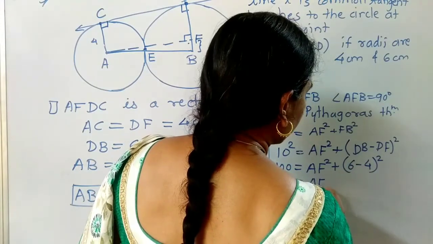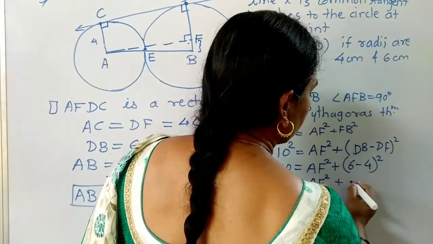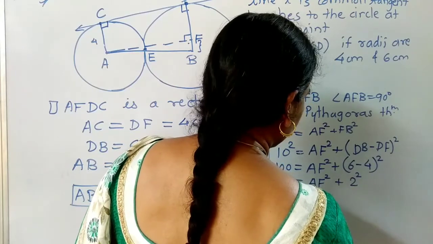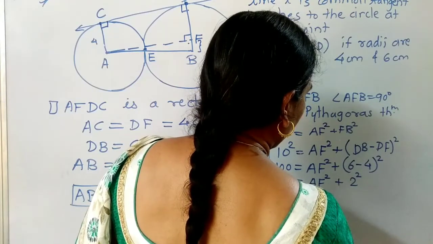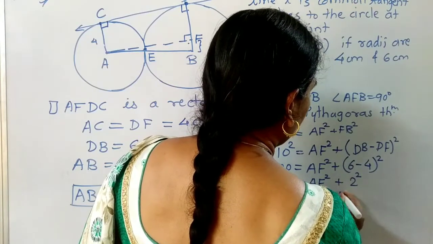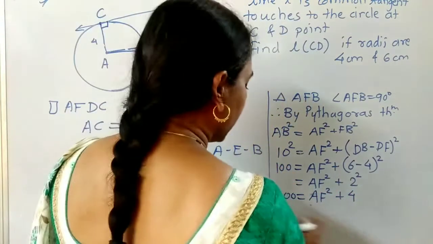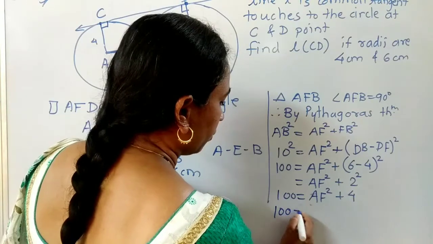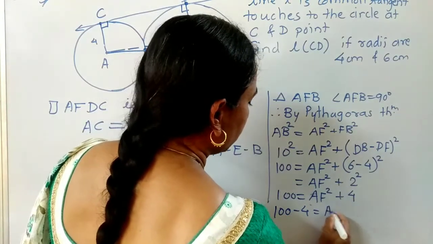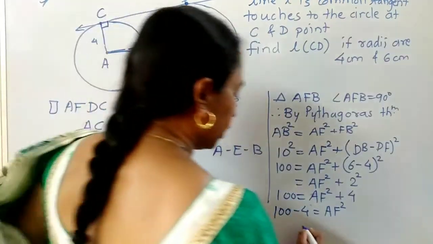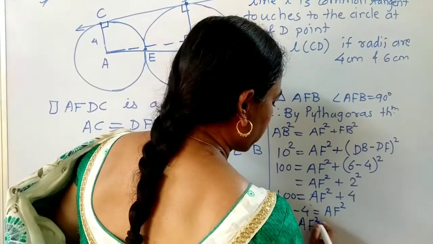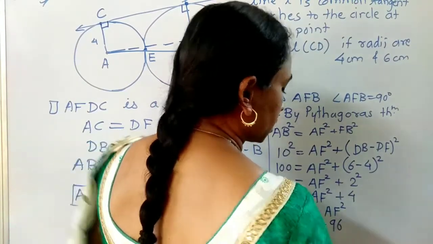So AF square plus 6 minus 4 is 2, square is 4. If you transfer it to this side, 100 minus 4 is equal to AF square. So we get AF square is 96.